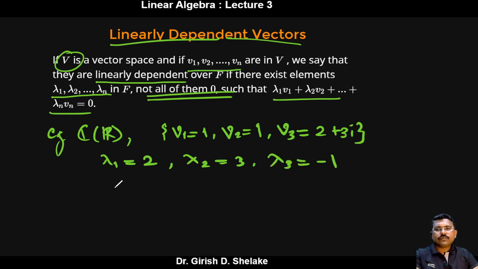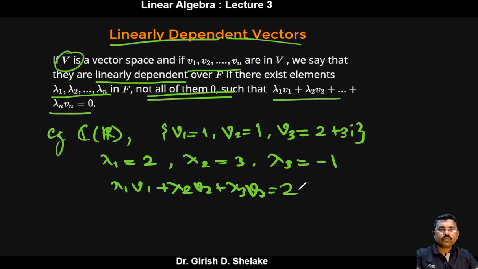Then the linear combination lambda 1 v1 plus lambda 2 v2 plus lambda 3 v3 is equal to 2 times 1, that is 2, plus 3 times i, that is 3i, minus (2 plus 3i), which becomes 2 plus 3i minus 2 minus 3i, and it is equal to 0.